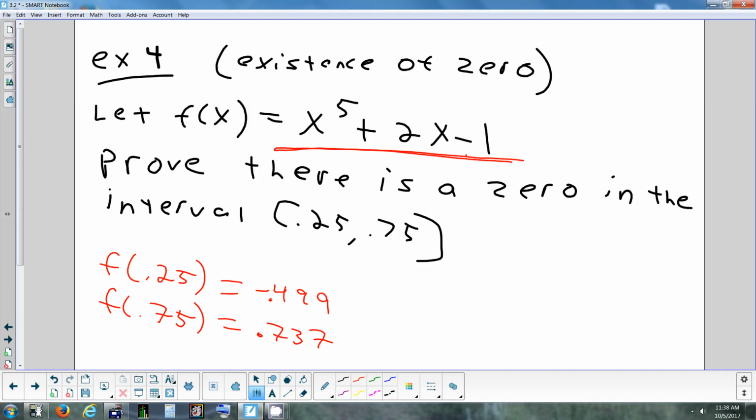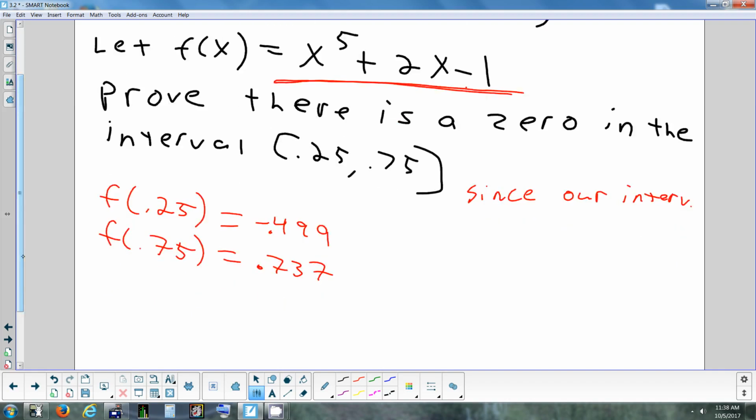If it wasn't continuous, then what I'm about to write down wouldn't apply. Okay? So let's write down, since our interval starts in the negative and ends up in the positive, and our graph is continuous.